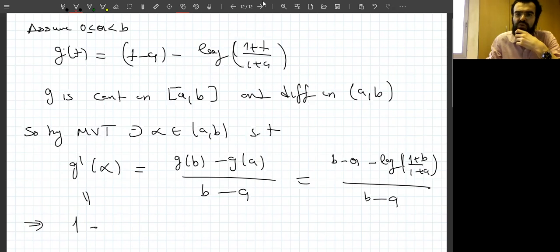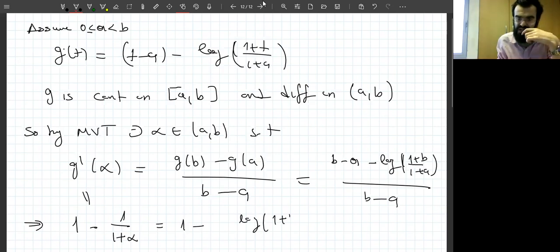So 1 over 1 plus alpha. This is 1 minus logarithm of (1 plus b) over (1 plus a) over b minus a. Sorry.